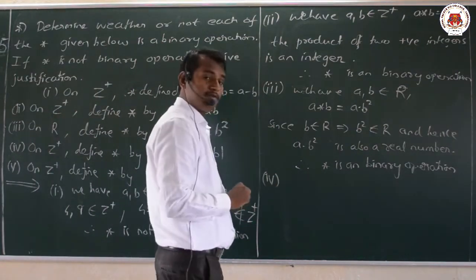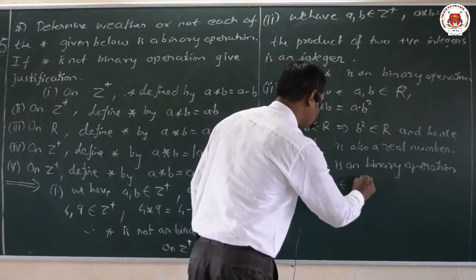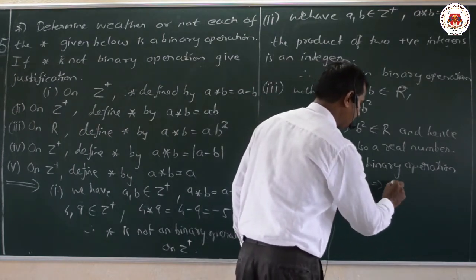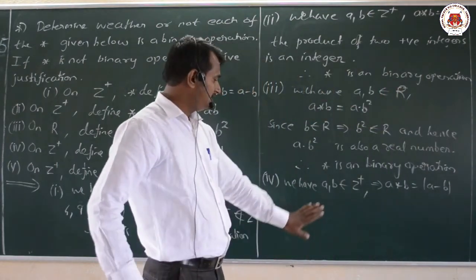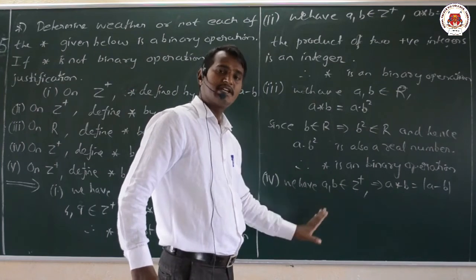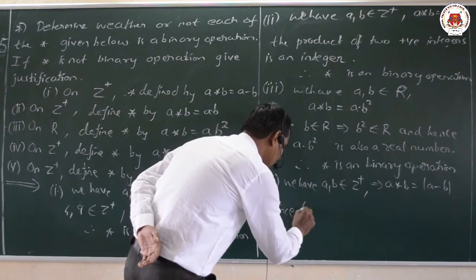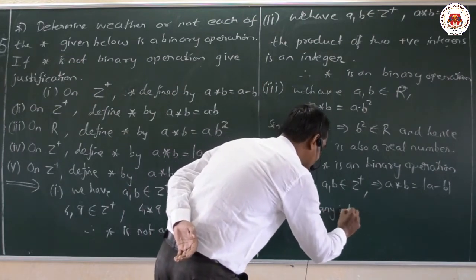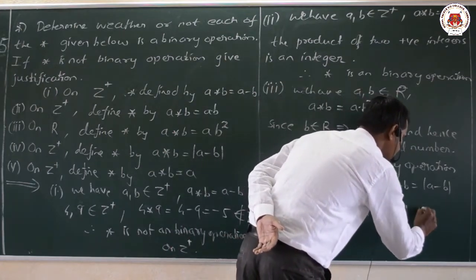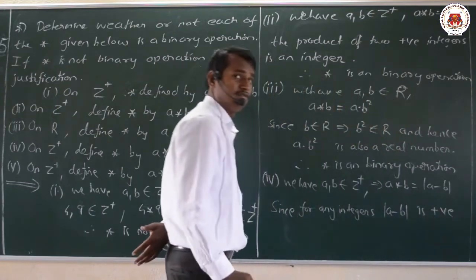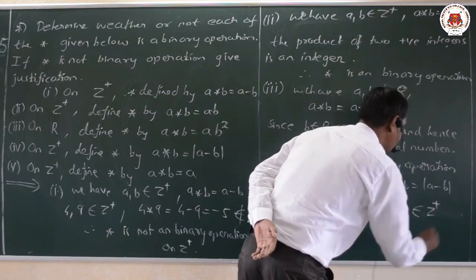That is the fourth one. What we have: A comma B belongs to Z plus, and here it is defined by A star B equal to mod of A minus B. Here A comma B belongs to Z plus, that means A and B both are positive integers, and for any integers, A minus B under modulus is always a positive integer, or else we can say it belongs to Z plus.